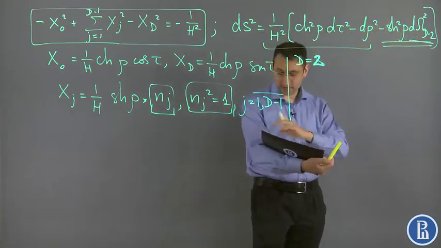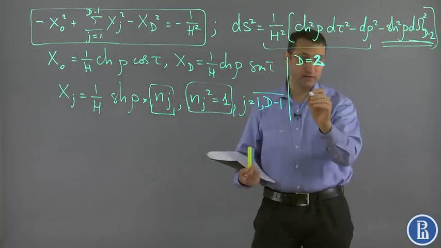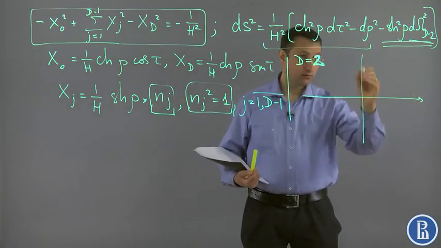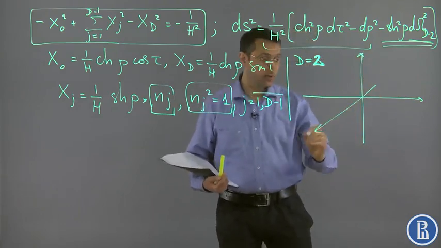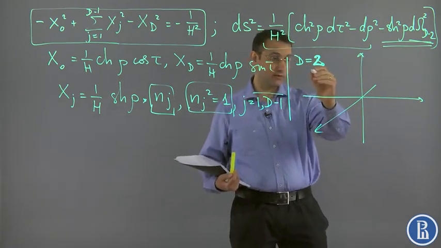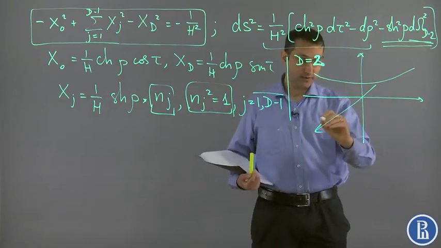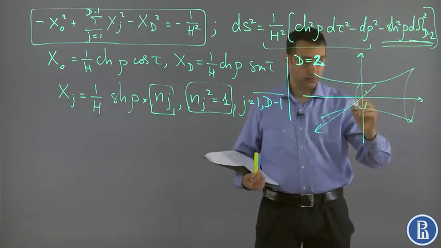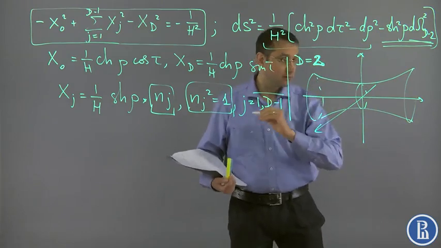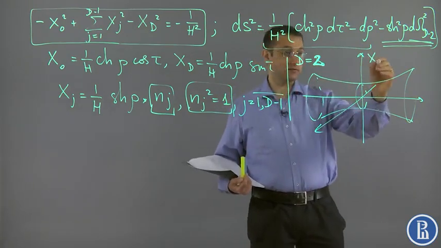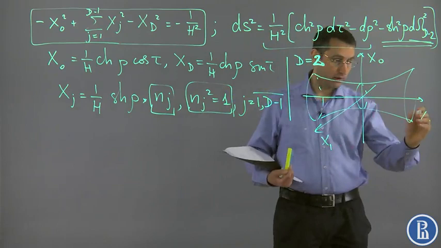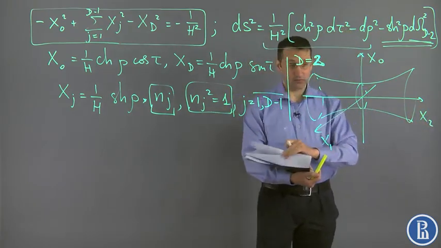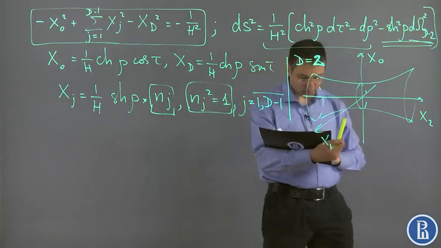In this case, one can easily see that two-dimensional anti-de Sitter space is the same kind of hyperboloid, but rotated by the angle of pi over 2. So it lies here. This is x0, x1, and x2.